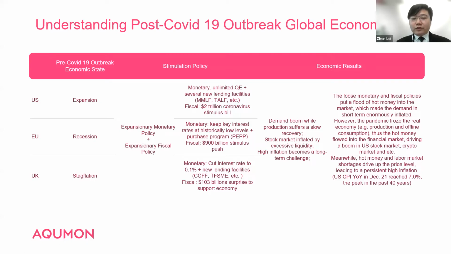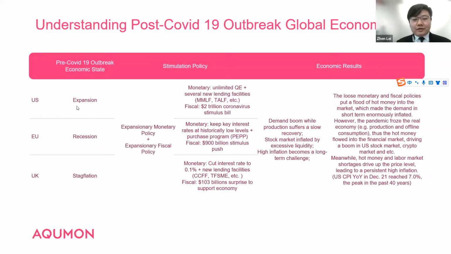First of all, before we go on to the macroeconomic review for 2021, we would like to look at the impact of the outbreak of the COVID-19 pandemic on the global economy, because it is the driving force for the last 2 years and even the next 1 year. Before the outbreak of the COVID-19 pandemic, the economic states of different countries were different.